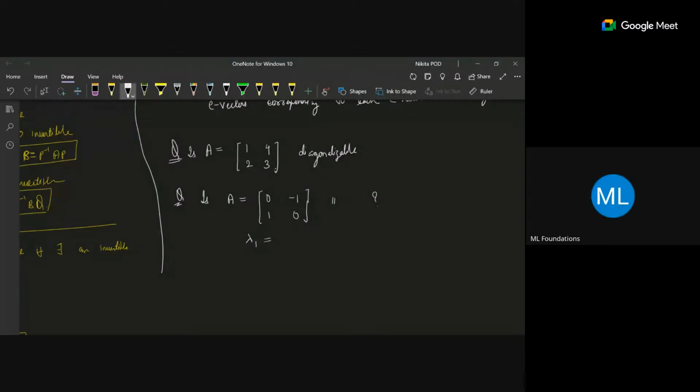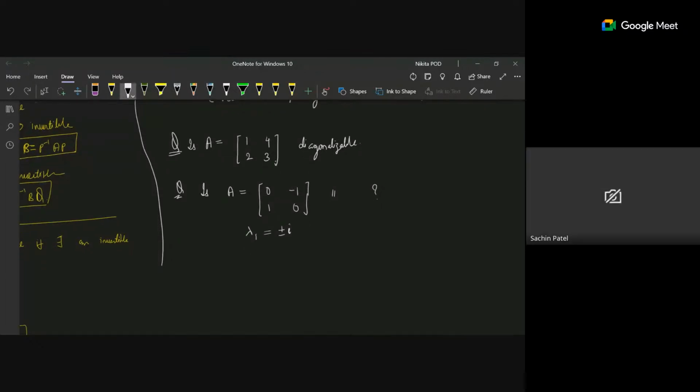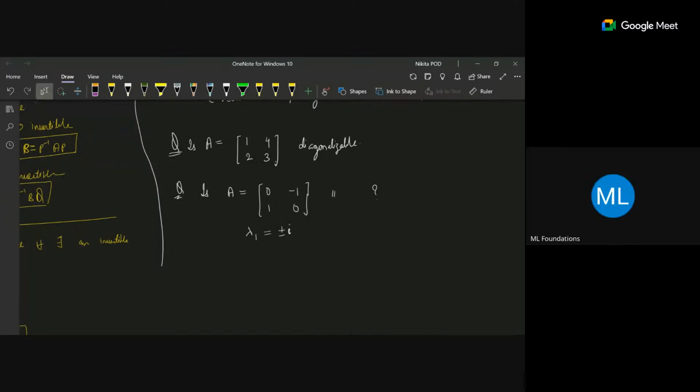Imaginary number, right? Such kind of matrices you will deal with again in week 5. It is diagonalizable, but not in the space R. It will come out to be diagonalizable in the complex space, but it's not diagonalizable in R.